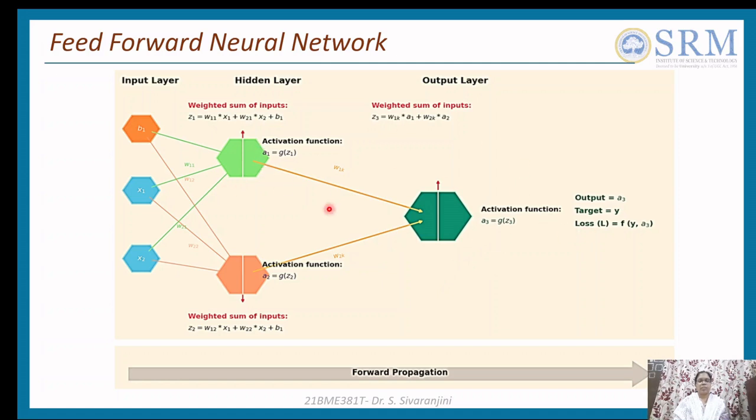Technically, after forward propagation gives an output, you compare it to the actual or expected output and compute a loss. The back propagation algorithm, through which feed-forward neural networks are trained, sends this error back through the network layer by layer.